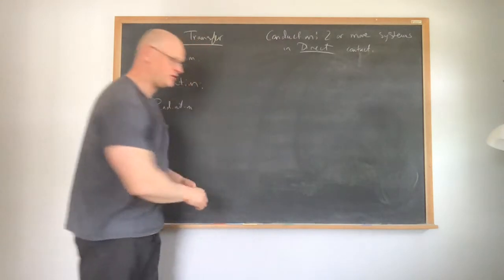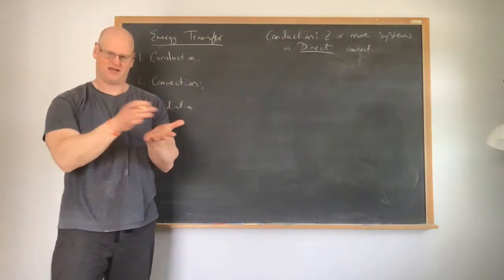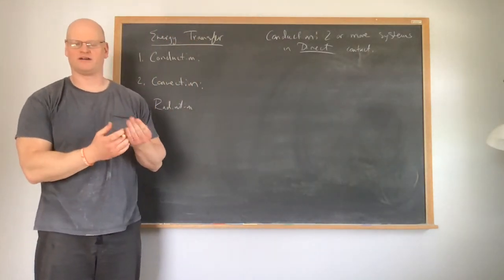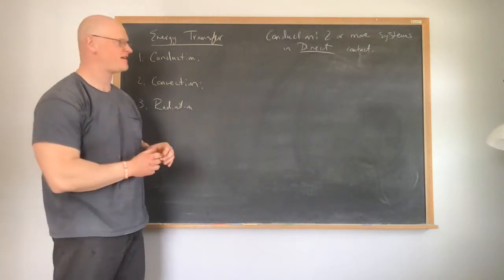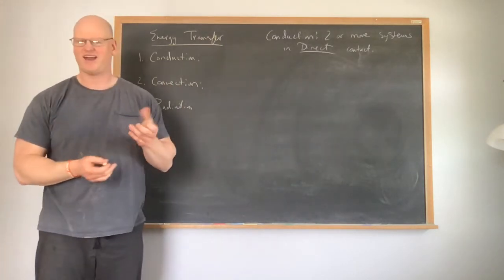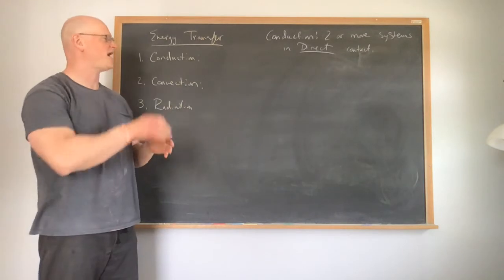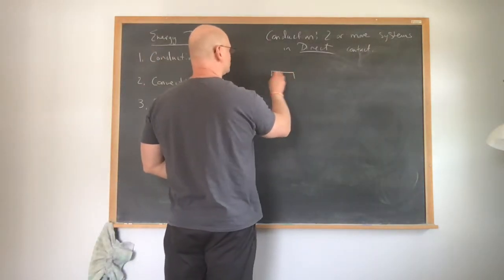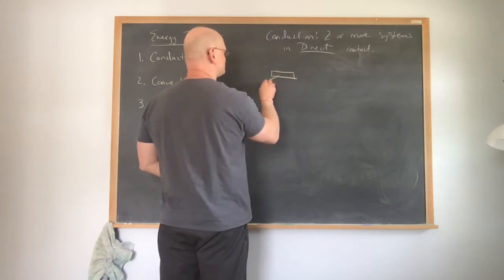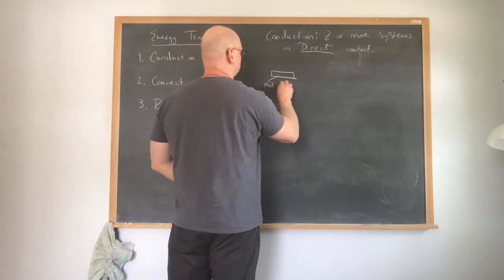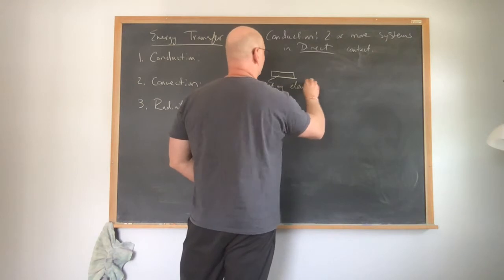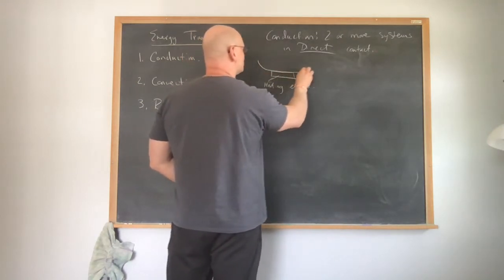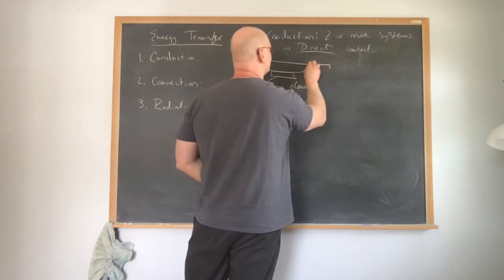For example, most of us have electric ranges, not very often gas stoves anymore. Let's say here is your heating element, and then you put, say, a frying pan on top of this. So here's my frying pan.